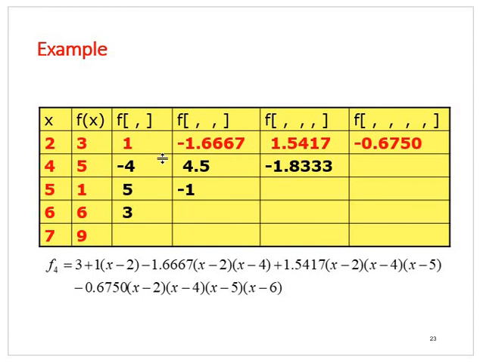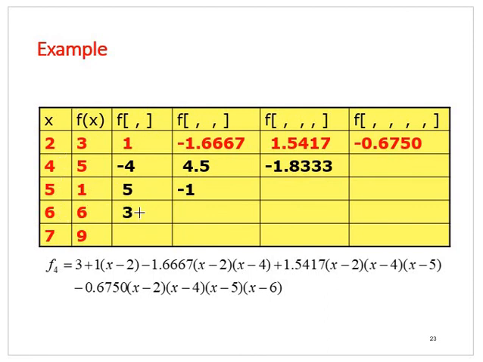This is 1. For this one, this will be 3 minus 5, which is minus 2. And then remember, we are now on the second divided difference, so we are skipping 1 point on our denominator.